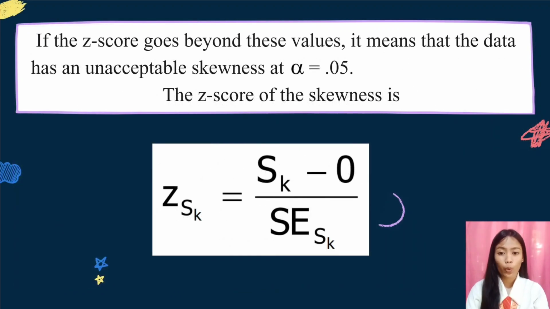If the z-score goes beyond these values, it means that the data has an unacceptable skewness at alpha level 0.05. The z-score of the skewness is equal to skewness minus 0 divided by the standard error of skewness.